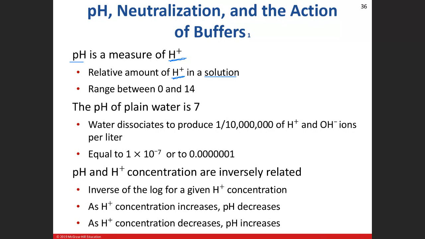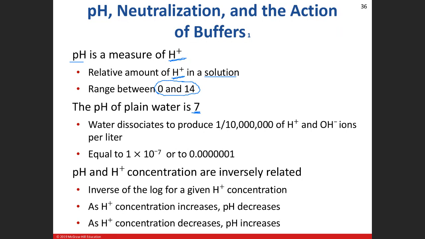The range that we have is 0 to 14. Directly at the center of our scale is going to be 7. So 7 is the value that we use to describe something that is neutral, which means it's not acidic and it's not basic. It's right in the middle.